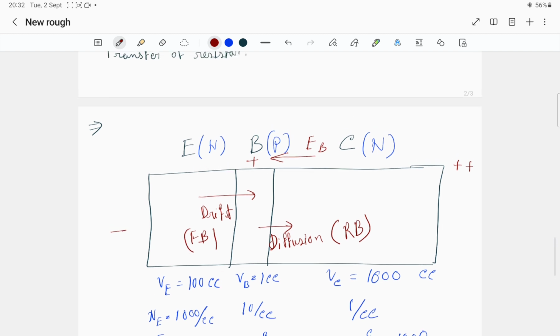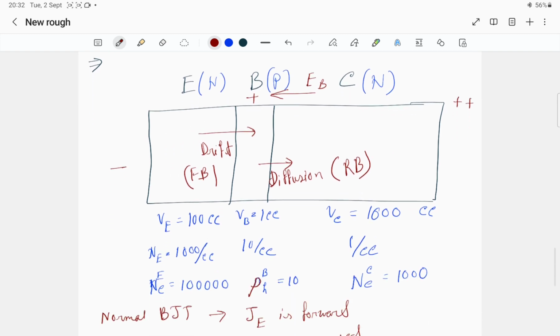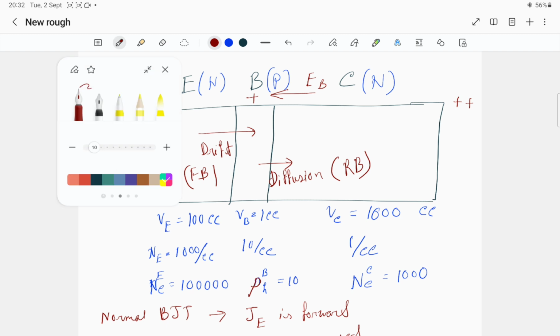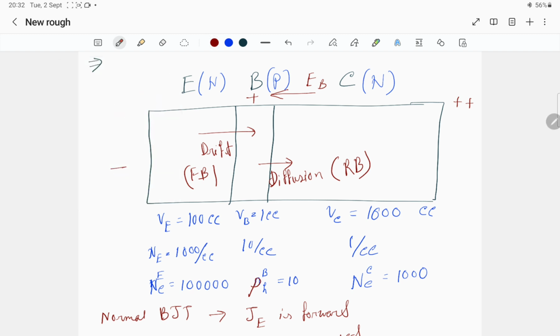So in BJT we have both forward bias as well as reverse bias for the conduction of current, right? Now if you look at the holes, let me take a different color. As it is forward bias, there would be some holes that will move from base to emitter, right? And some holes, which are the minority carriers in collector, will also move towards base, right?